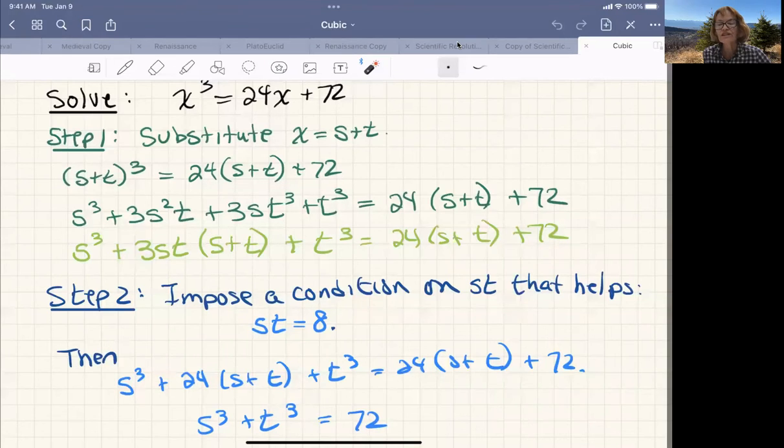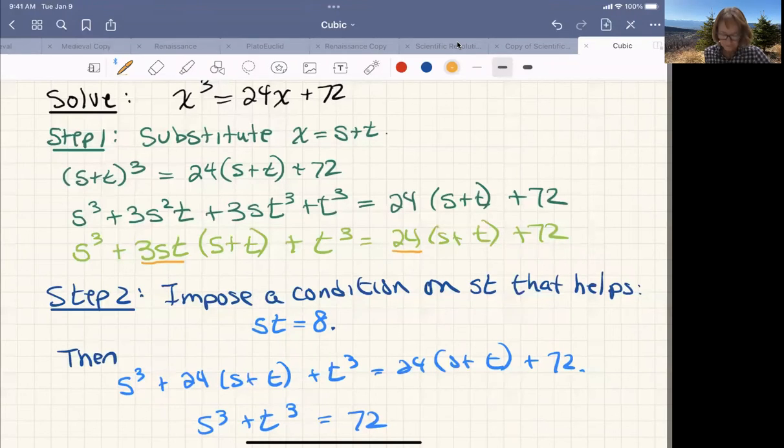And so the next trick is to find a way to get rid of all of this. So we would like those two things to be equal to each other. How do we make that happen? Well, it would be nice if we had that 3st is equal to 24. And so in order for that to be true, we're going to choose that s times t is equal to 8.